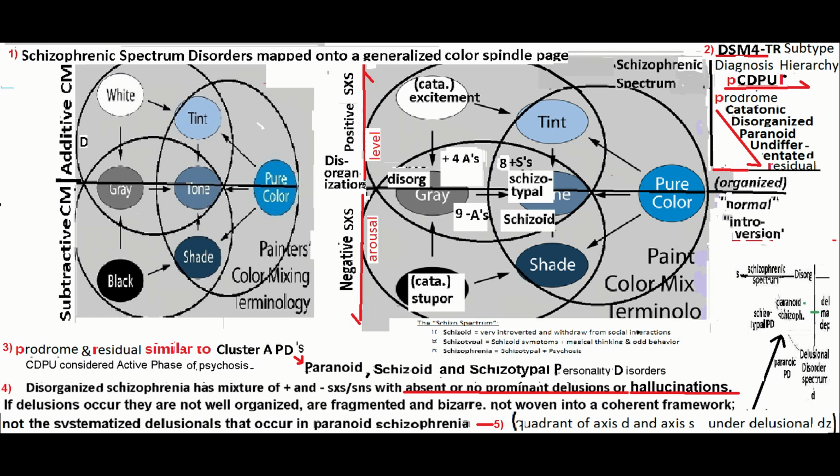And if they fit all three of those or none of them, they were considered undifferentiated. And these are the symptoms, this CDPU, that respond well to antipsychotic medications, and they would be left with negative symptoms which didn't respond well to antipsychotics, and these would be called residual. So people would be left with these negative symptoms generally.